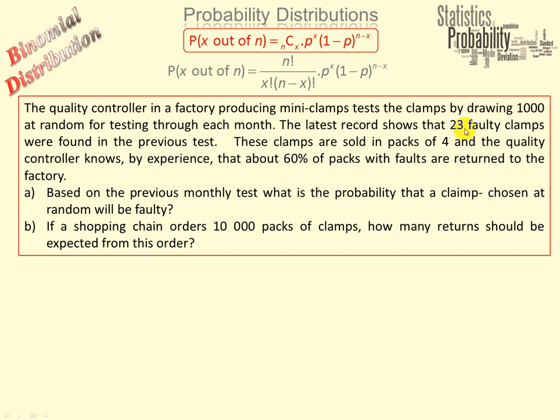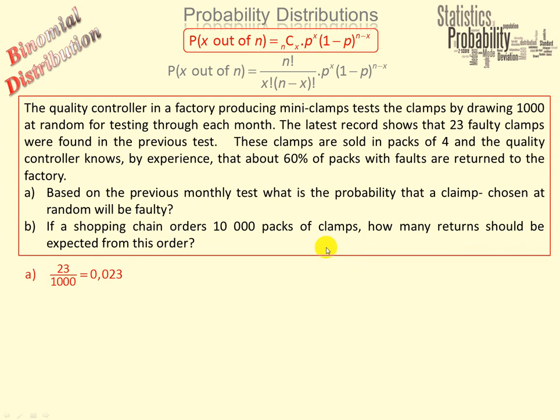Well, 23 were faulty, drawing 1,000. So pretty straightforward. 23 over 1,000, 0,023. B. If a shopping chain orders 10,000 packs of clamps, how many returns should be expected from this order? Well, let's have a look at this.